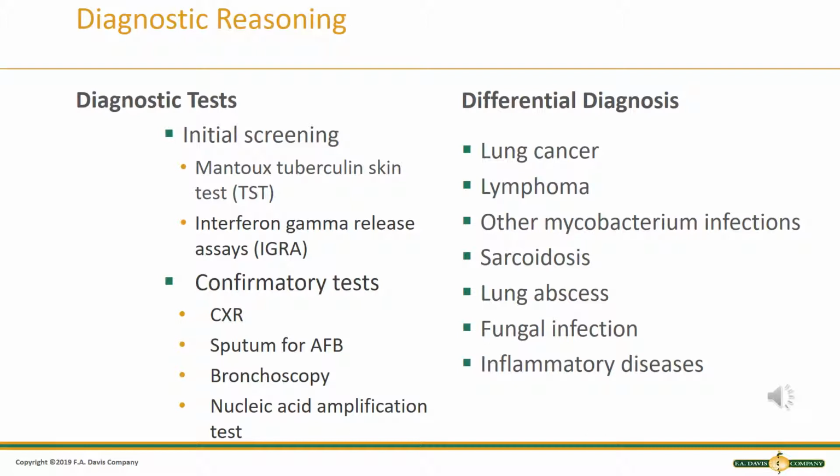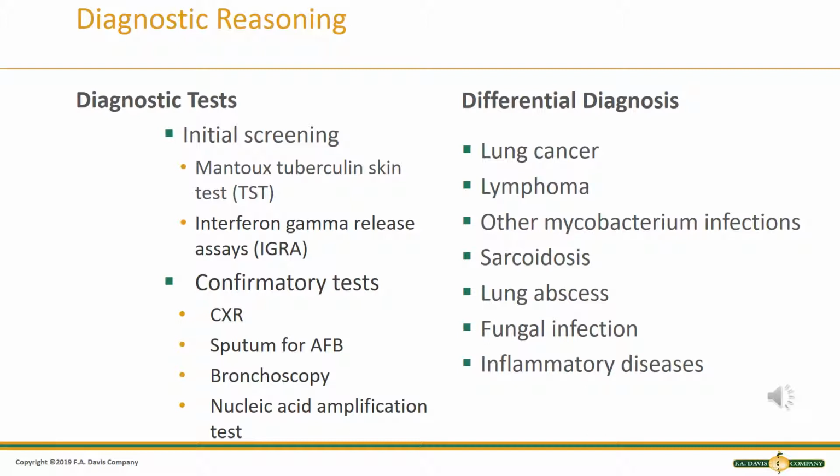If the chest x-ray is positive, which means there would be some airway opacities or cavities or pleural effusions, you're going to want to get sputum for acid-fast bacilli smears and sputum cultures. You need 3 specimens 8 hours apart, looking for the mycobacteria to confirm the diagnosis.